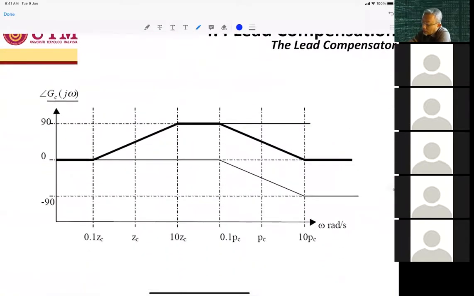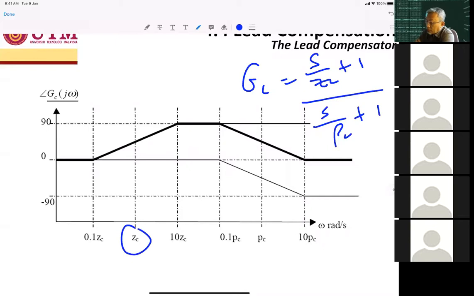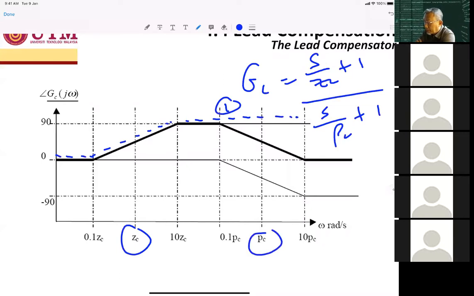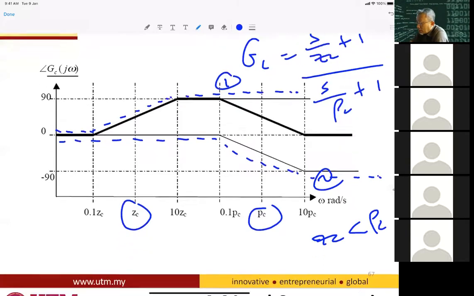We write again (S/ZC plus 1) over (S/PC plus 1). ZC is number one and PC is number two, where ZC is less than PC. When you add 1 and 2 together, it gives you the bold line as the total of the phase curve.